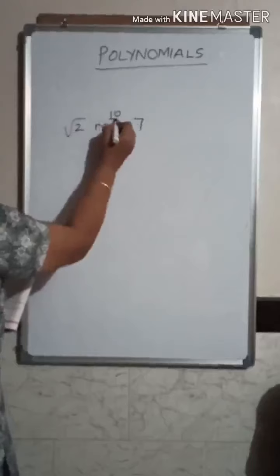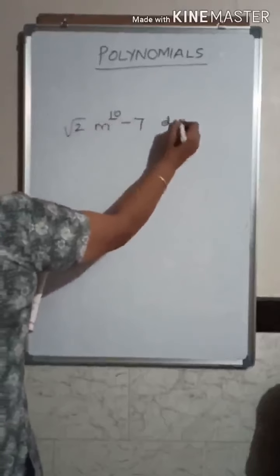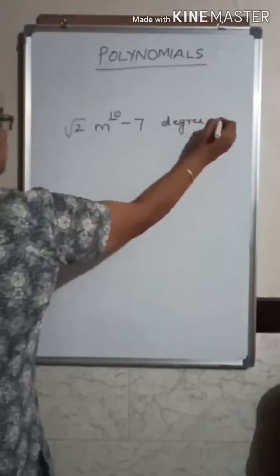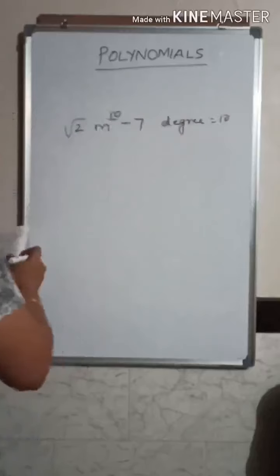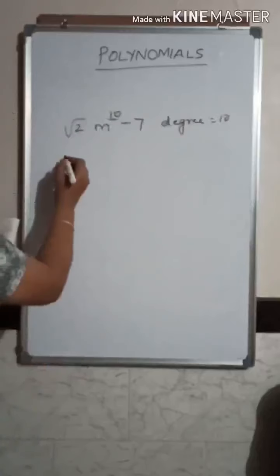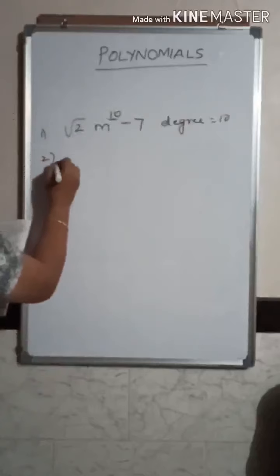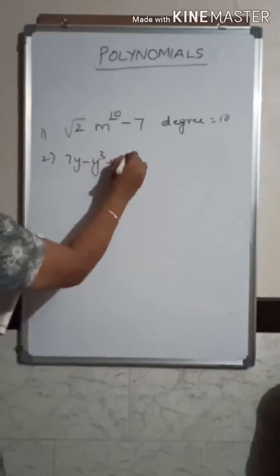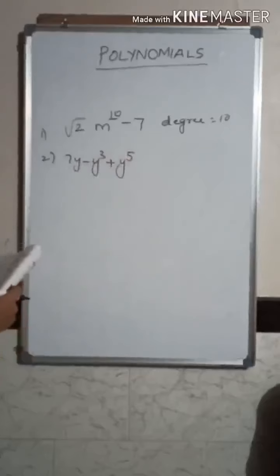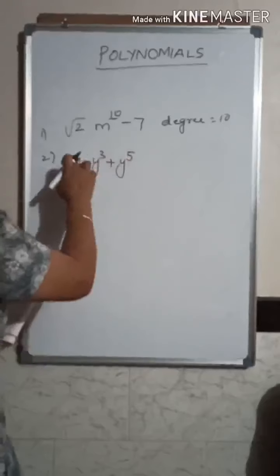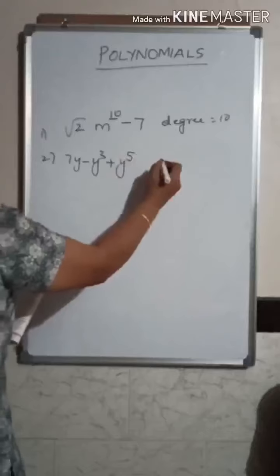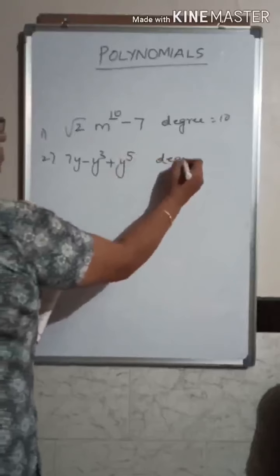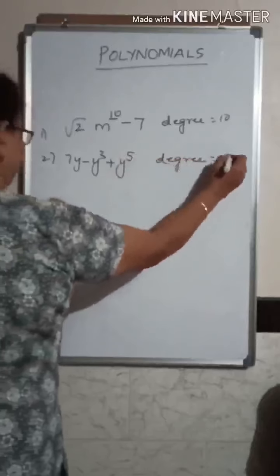Here you only have to write degree is equal to 10 because the highest power is 10. Now one more you have got: 7y minus y cube plus y to the power of 5. Here you have to write the degree of the polynomial. The highest power is 5, so you write degree is equal to 5.